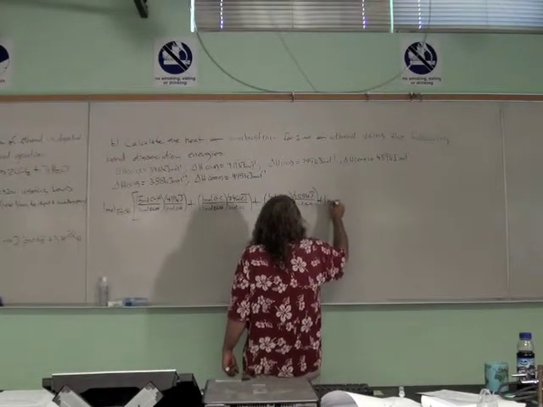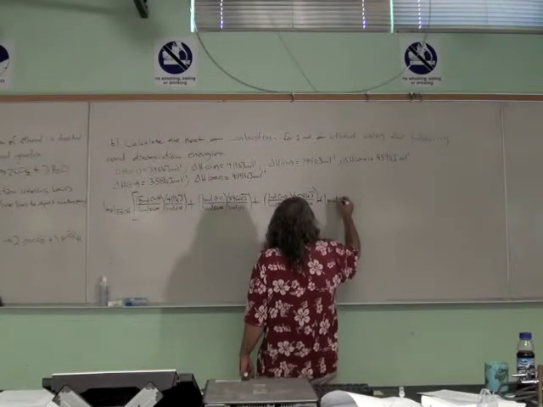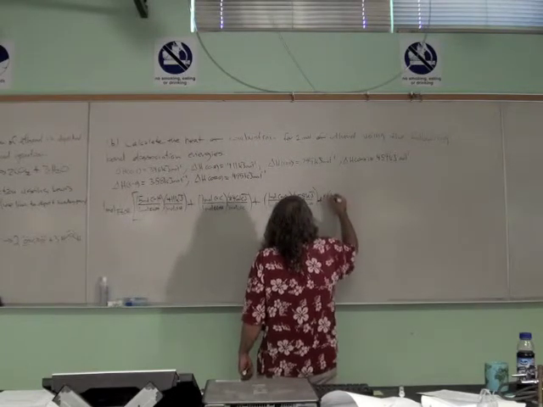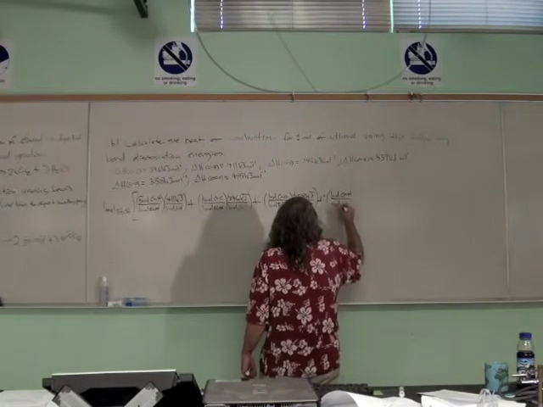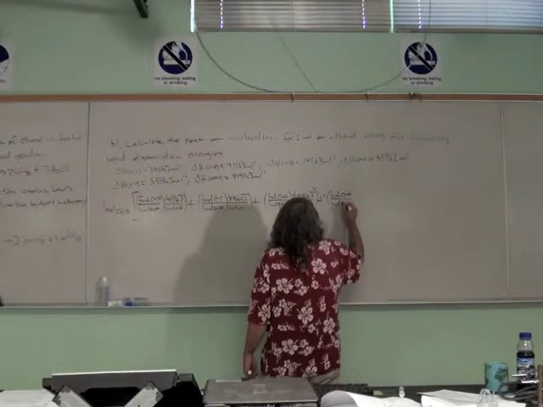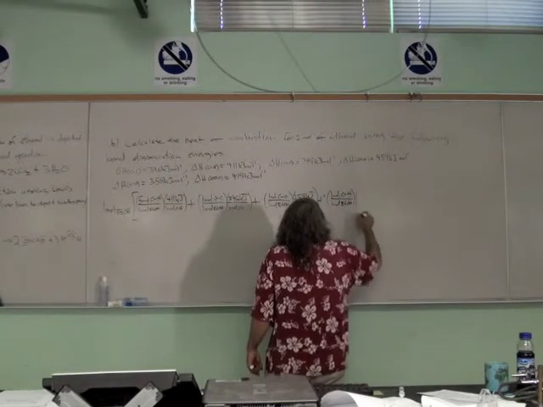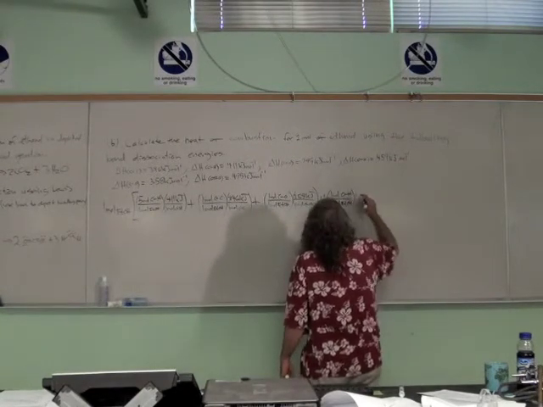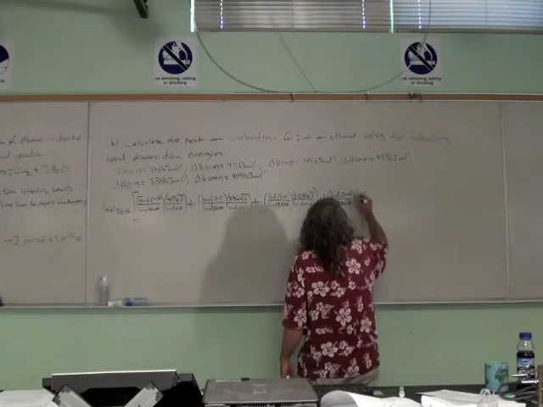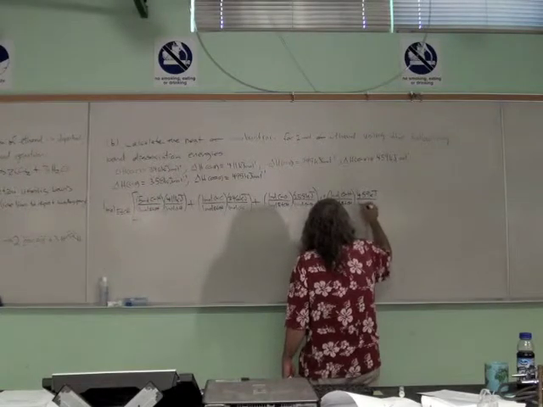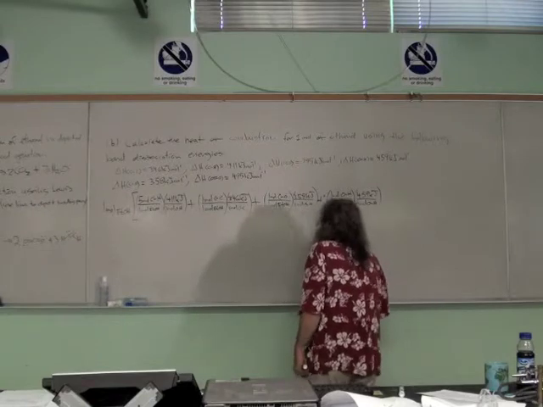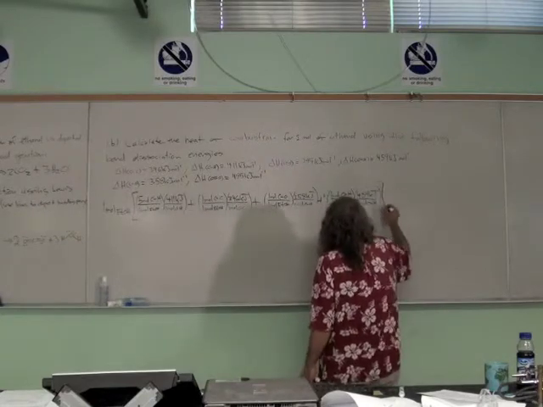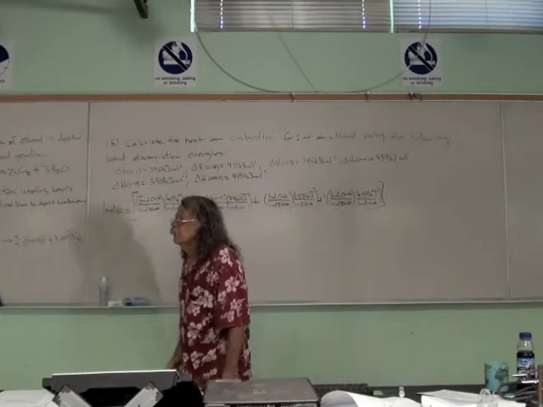Plus 1 mole of OH for every 1 mole of ethanol, and for every mole of OH, 459 kilojoules for every 1 mole of OH. And that pretty much exhausts the ethanol.